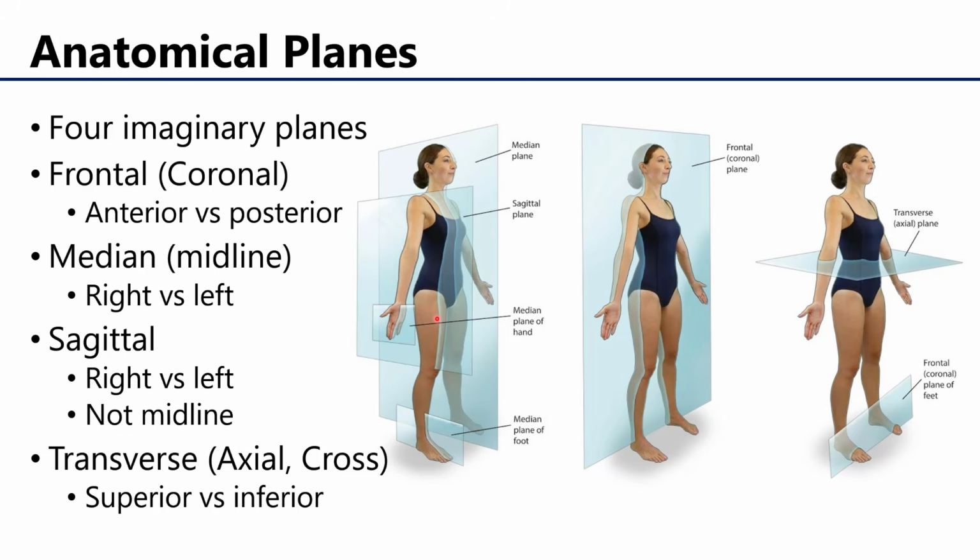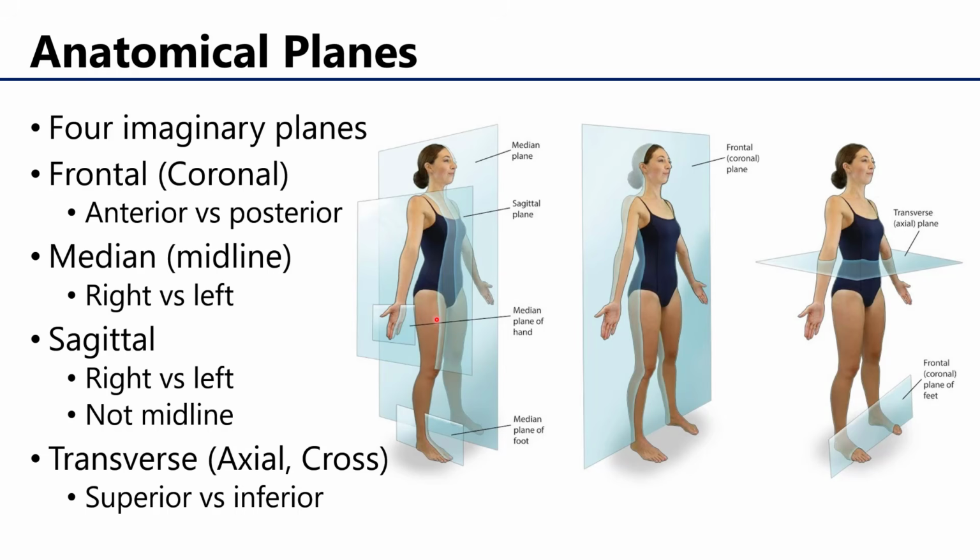So the important nugget here is that median and sagittal planes are going to divide right from left. Median is right in the middle of either the organism or the structure being discussed, whereas sagittal is not perfectly in the middle.